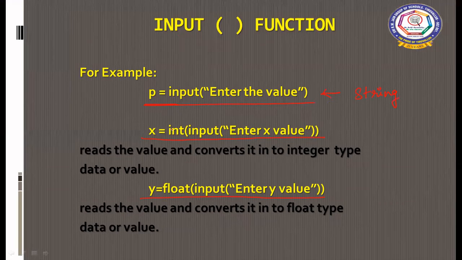In the second statement, the value given through input is converted to an integer. It reads the value and converts it to the integer type. In the third statement, y equal to float, in the same way it reads the value and converts it to the float type.